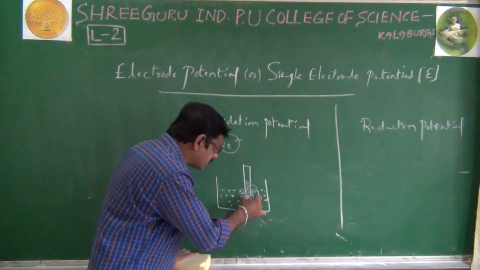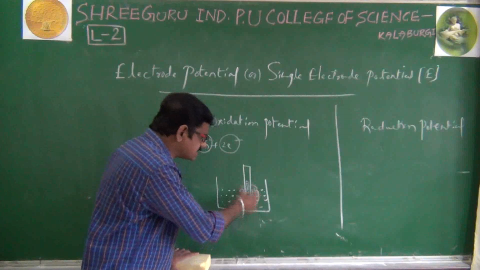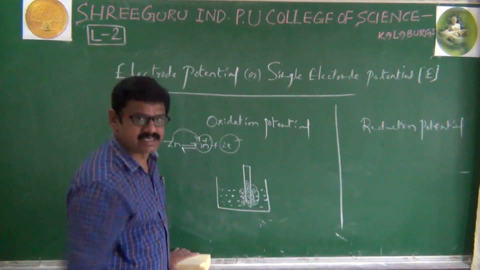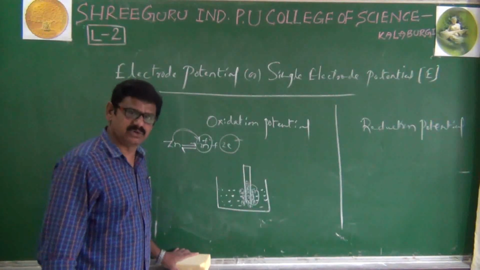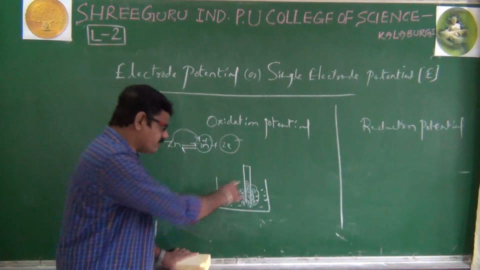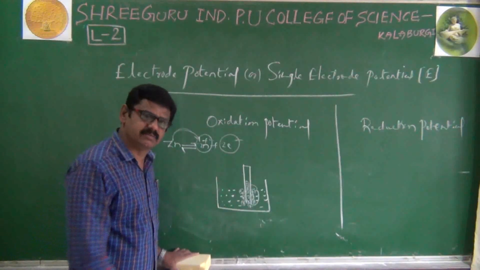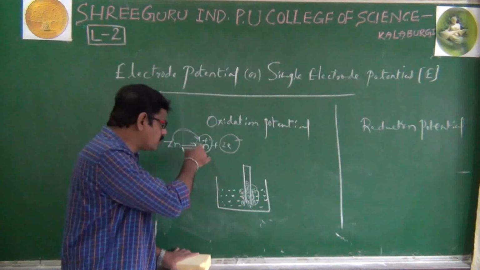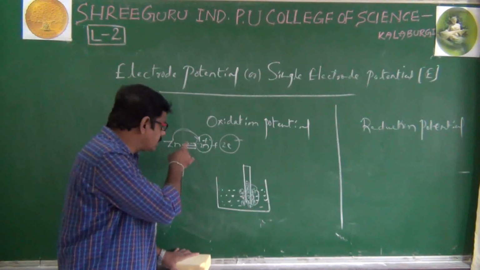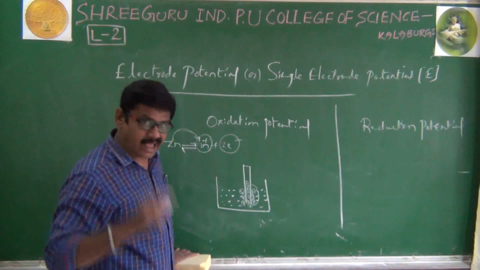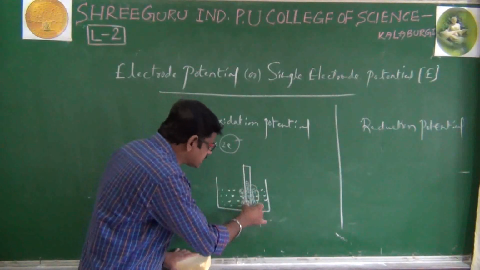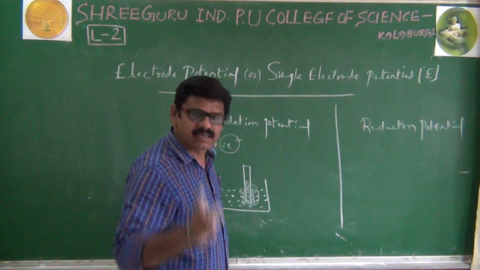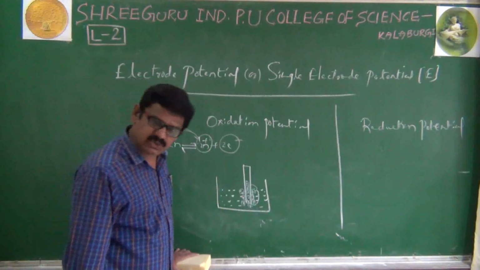Because of this charge separation, some potential is developed. That potential is called the electrode potential, nothing but the single electrode potential. When the metal and its own ions are in equilibrium, the potential developed because of charge separation is called the electrode potential.